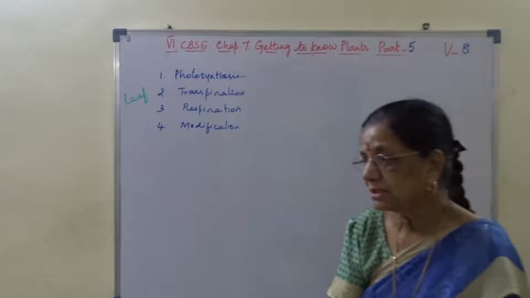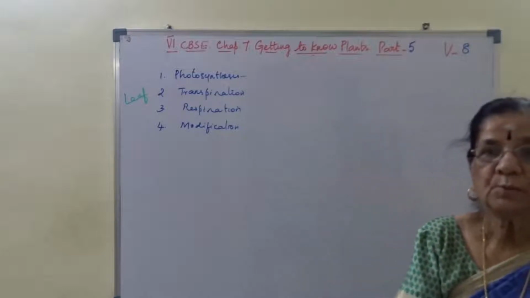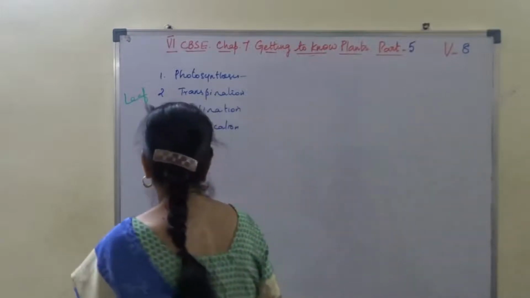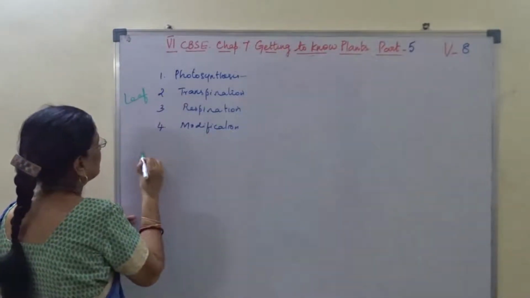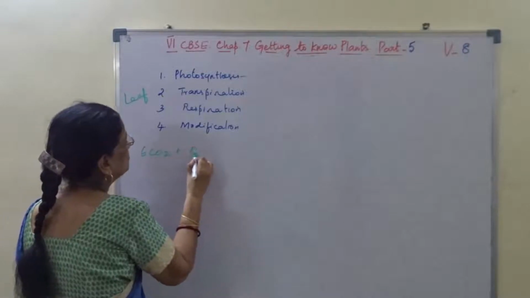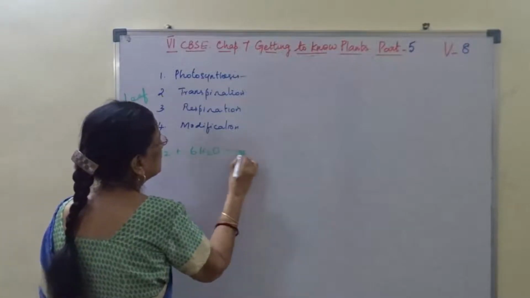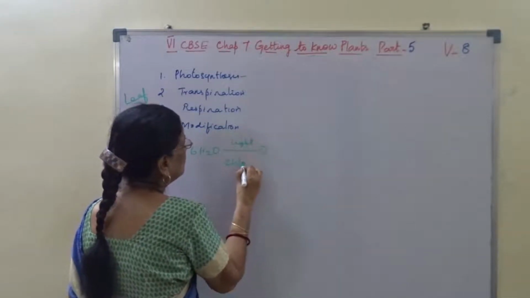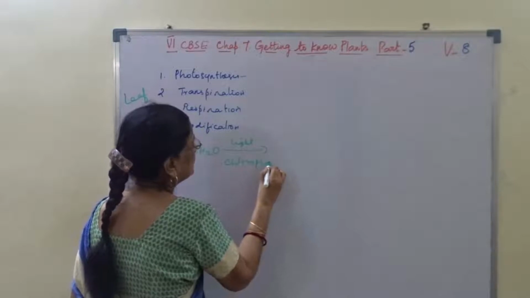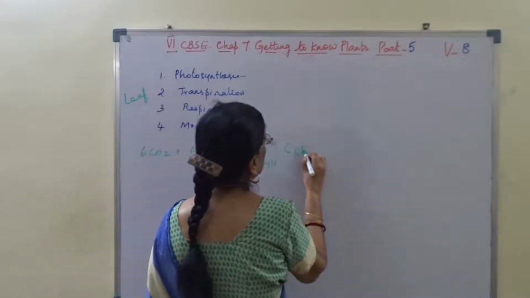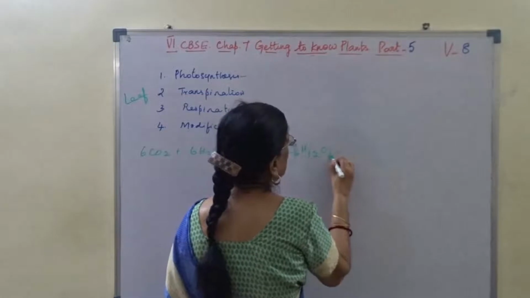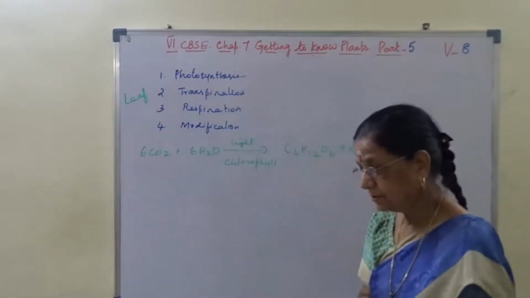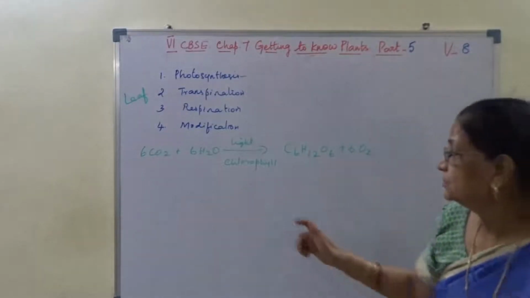Now this photosynthesis equation: 6CO2 plus 6H2O, in the presence of light and chlorophyll, will give C6H12O6 plus 6O2.